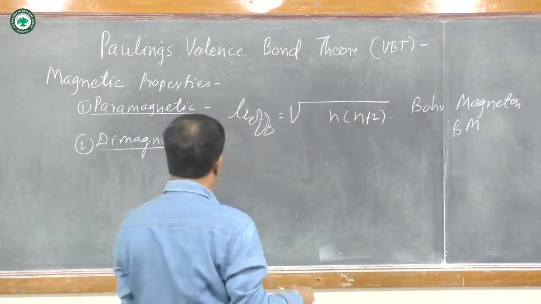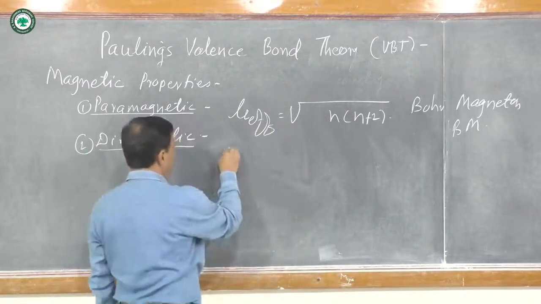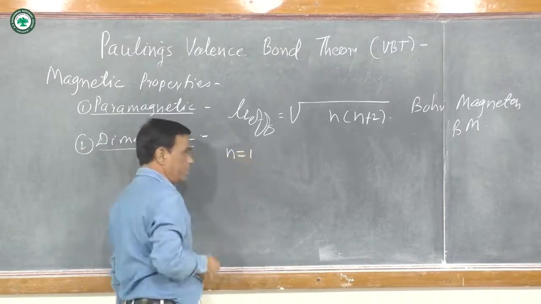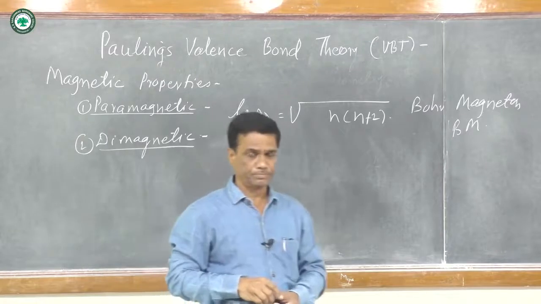If you consider the d block elements, suppose the number of unpaired electrons is equal to 1.